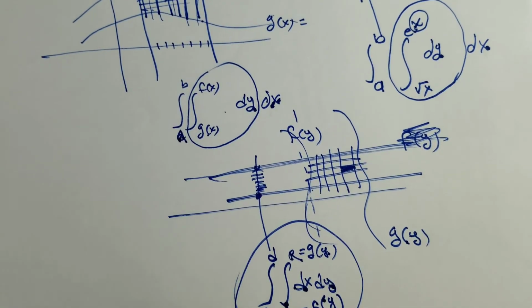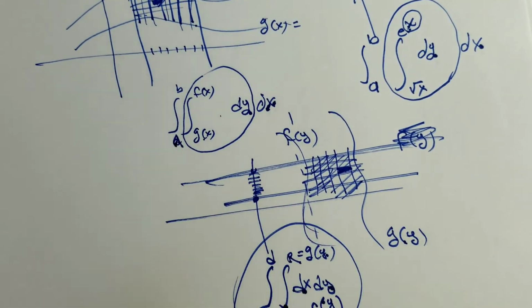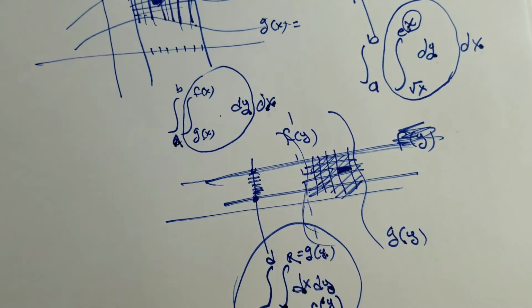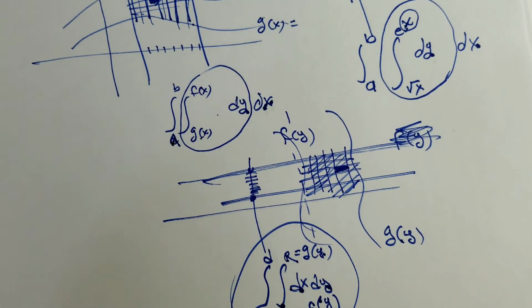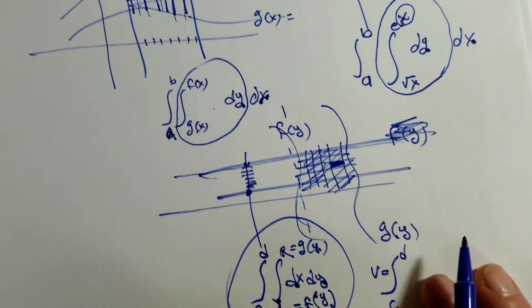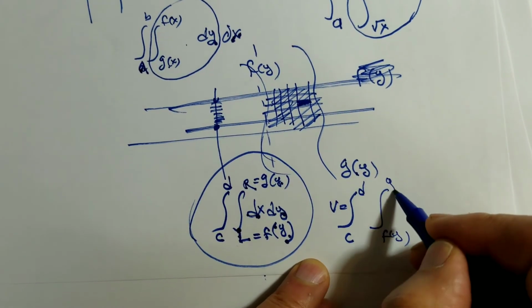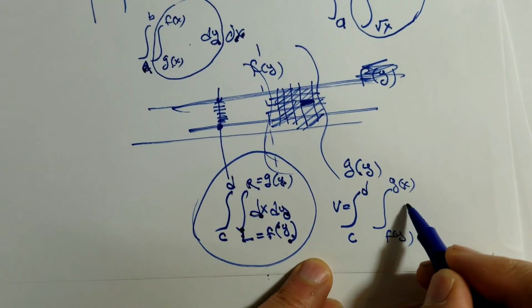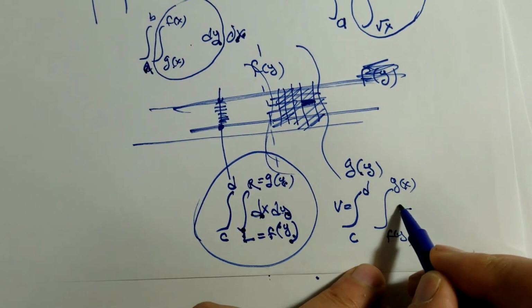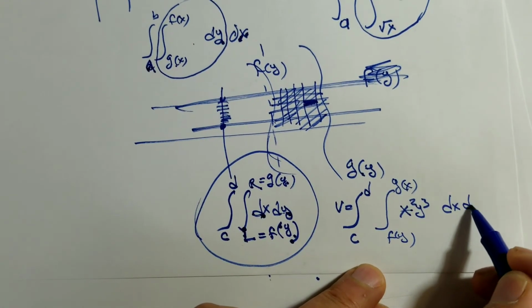But somebody said, okay, Ganji, what happens if you take that piece of property and build a building on it? And I want to find the volume of that surface. For the volume, you go from C to D, from left to right, but your volume needs a height. Your z can be a function of x and y. I can put my z as x squared y cubed, and that becomes dx dy.